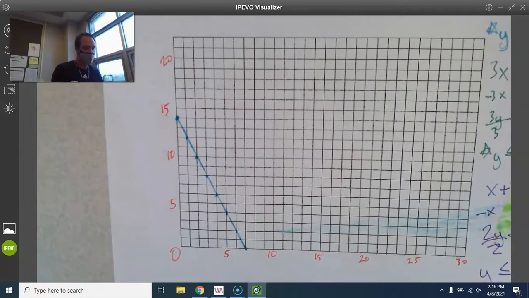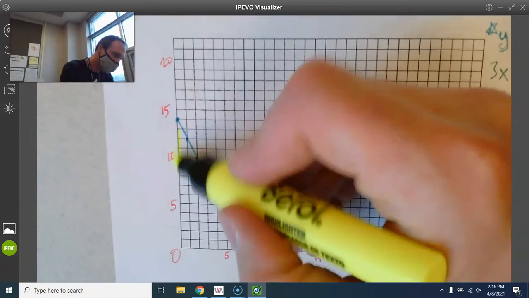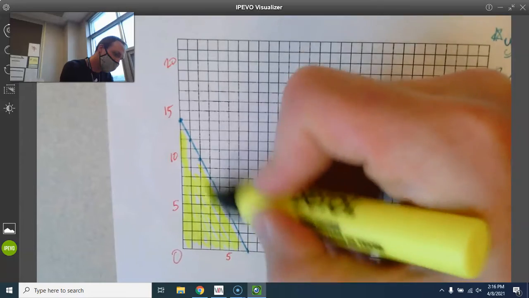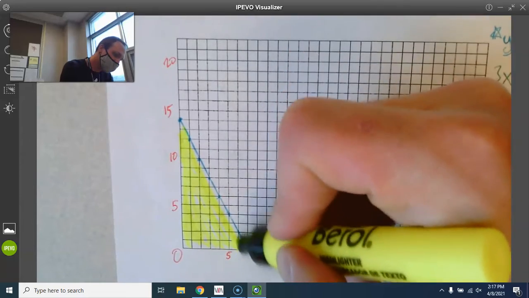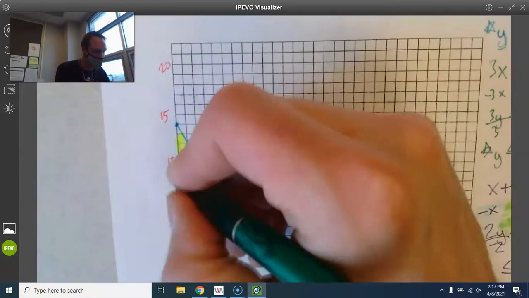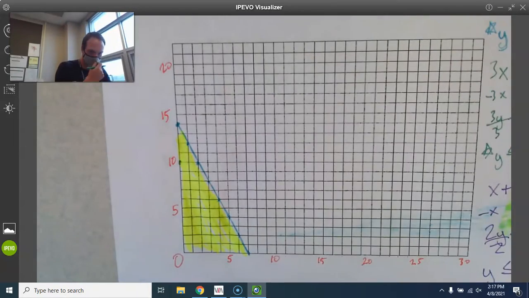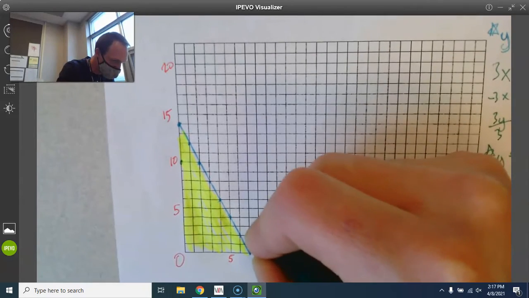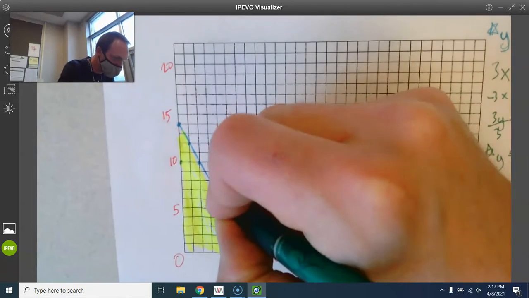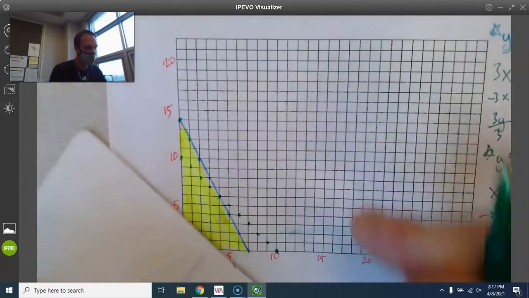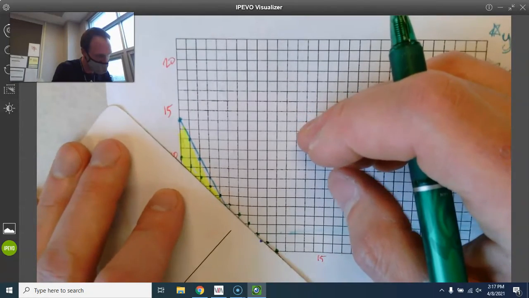Then I shade. Now green. Is that 10? Connect that and shade.